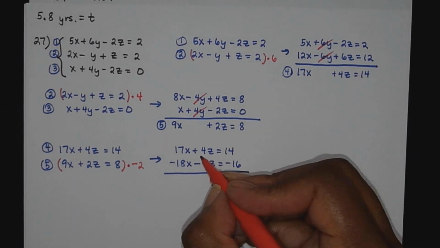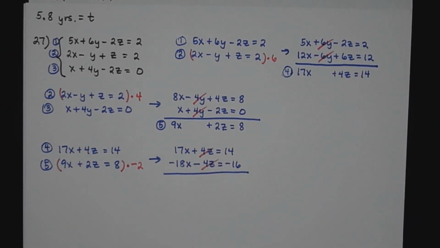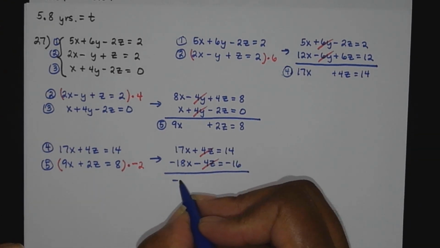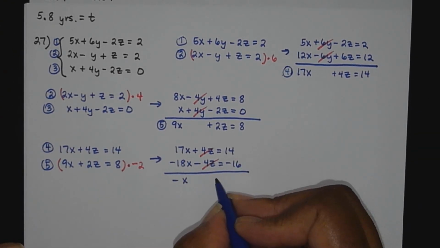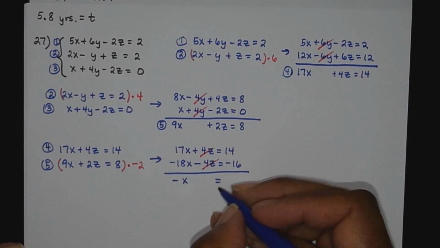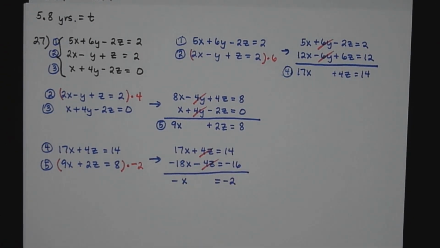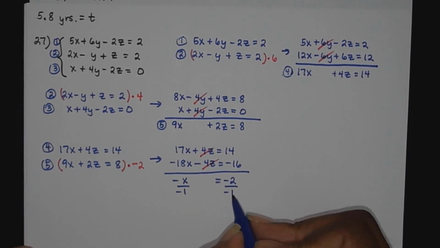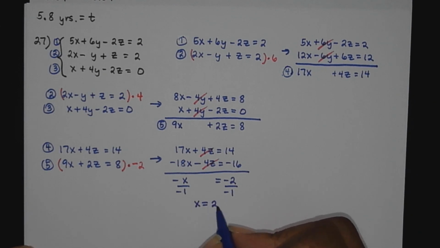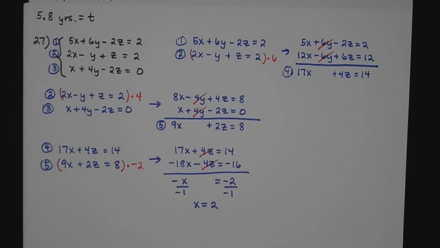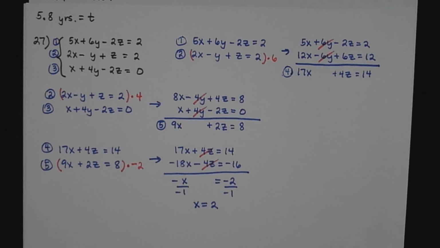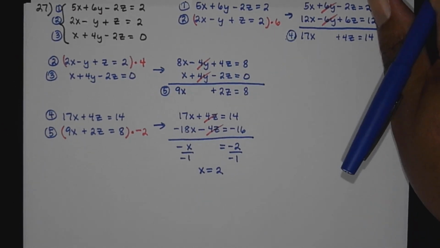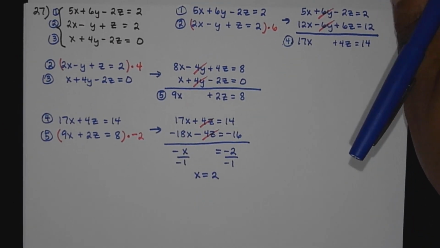And here, 4z and minus 4z add to 0. 17x minus 18x, that's going to be negative 1x, or just negative x, equaling 14 minus 16, negative 2. So I got negative x is equal to negative 2. If I divide both sides by negative 1, x is equal to 2. So here, x equals 2. We know that's one of our values for this system of equations in 3 variables.